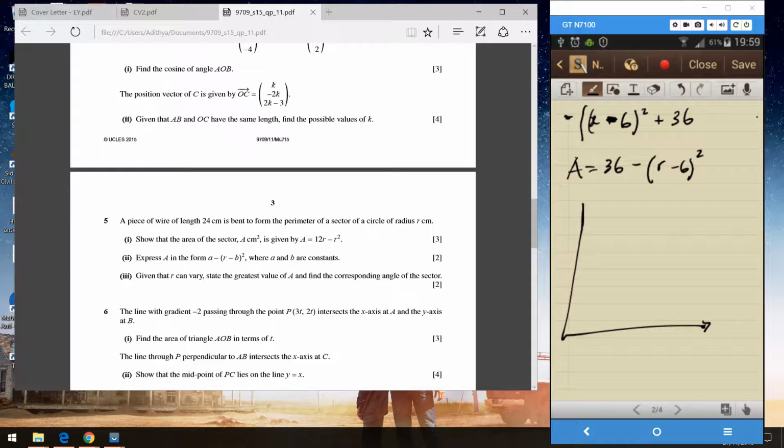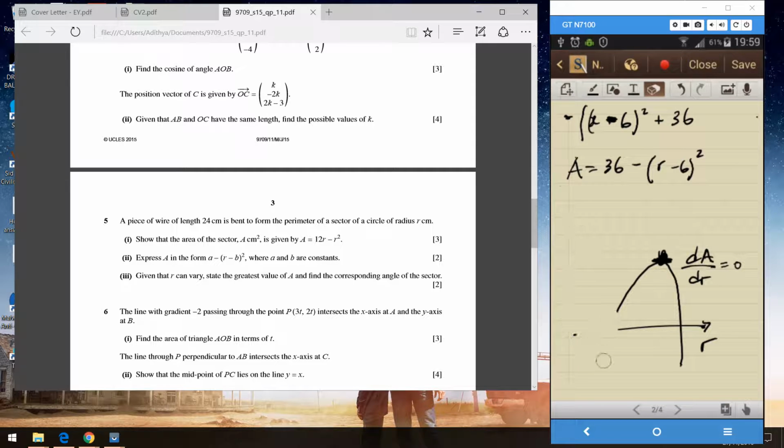This is r and this is A, and the negative coefficient of the square term means that the graph is shaped like this, and the maximum area is where dA over dr is equal to 0. That means the rate of change of A with respect to the radius is 0. There are several ways to go about it, but the one I like to use, because it's very simple, is the differentiation method.